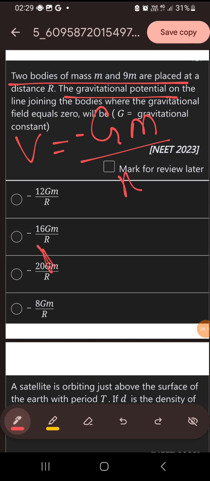We know the value of x is r by 4, and we also need r minus x.